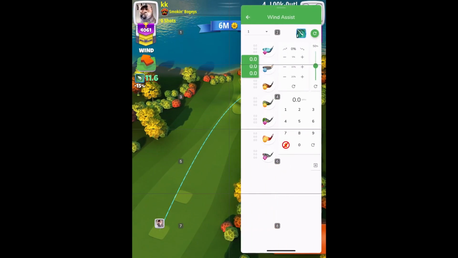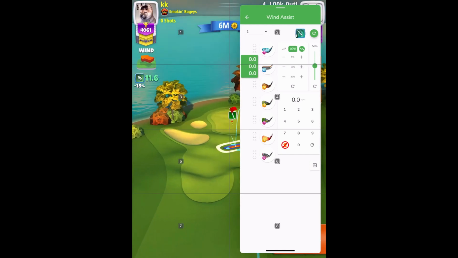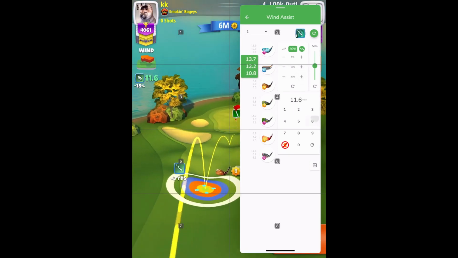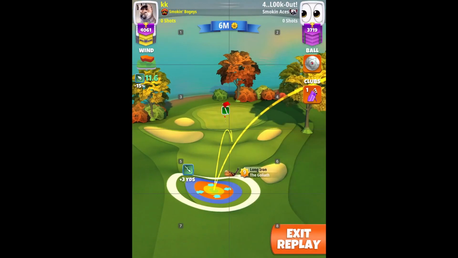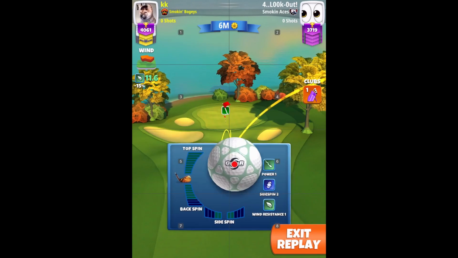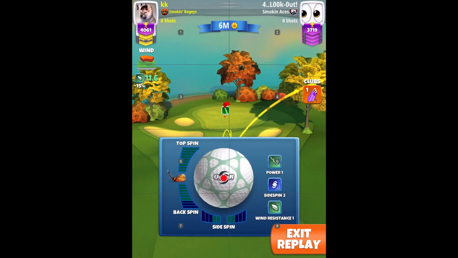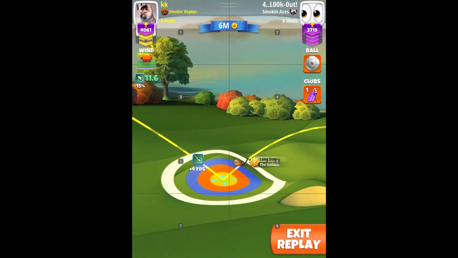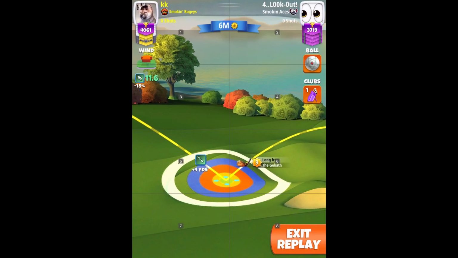So for this one, you'll see me set up more to the left where the blue ring is almost touching the rough. And I think I did just a little click of left spin, I don't know why. And I'm adjusting plus 20% max.